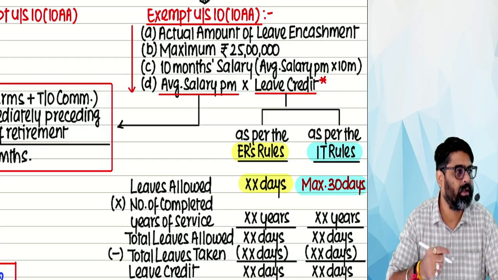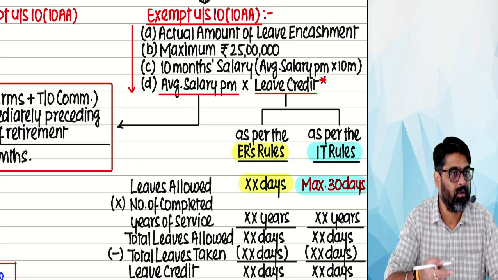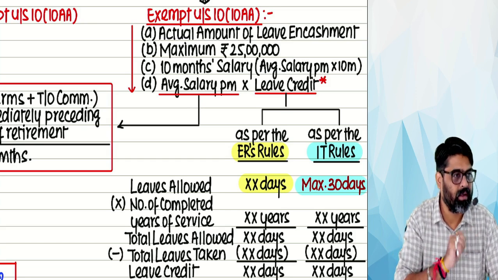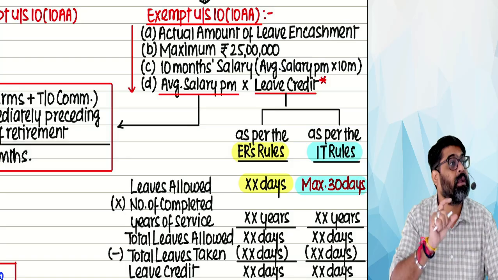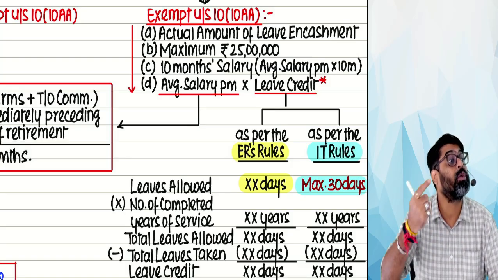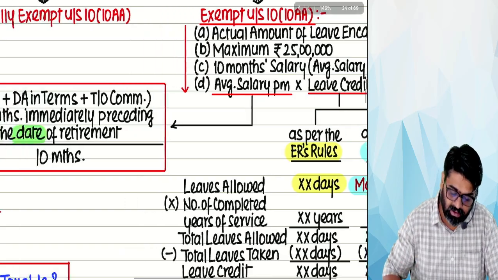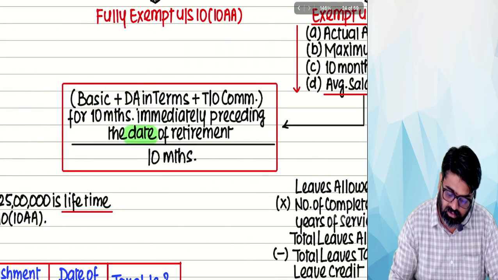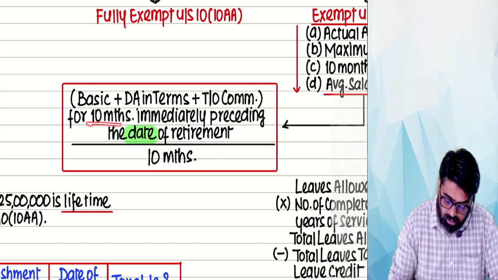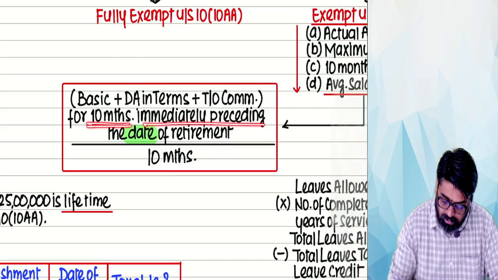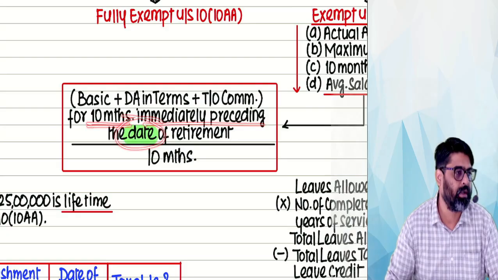There it was written that average salary is calculated for 10 months immediately preceding the month of retirement. But here they are saying that you have to calculate the average salary for 10 months immediately preceding the date of retirement.